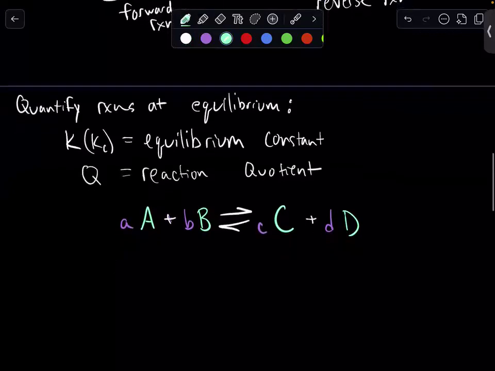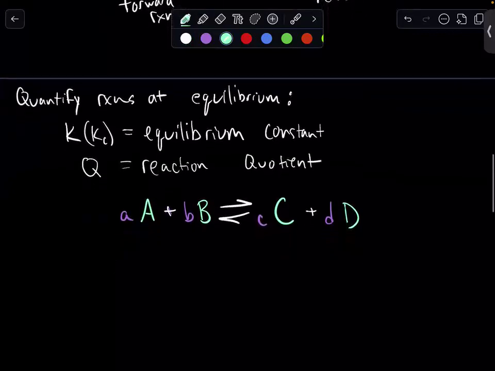If we are quantifying this equilibrium reaction, we can use either K or Q. Turns out K and Q are the same equation, which might make you ask, well, why do we learn them both? And there's a big difference.